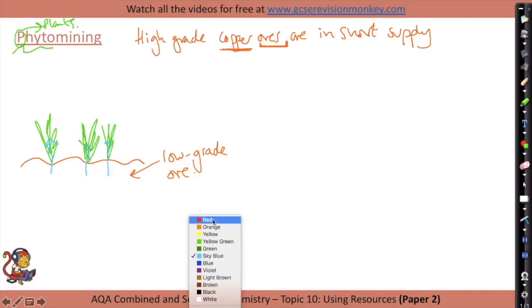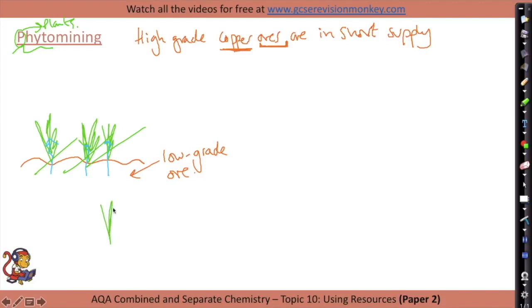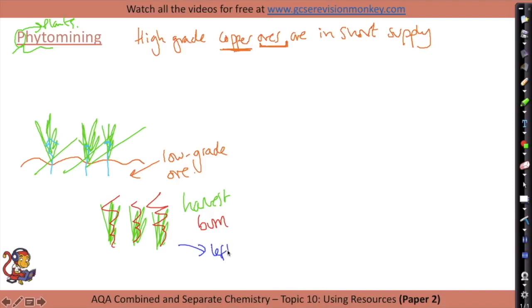You would then harvest those plants, so you would chop them down, harvest them, and then you would burn them. And what you would be left with are soluble copper compounds from which you could now extract that copper.